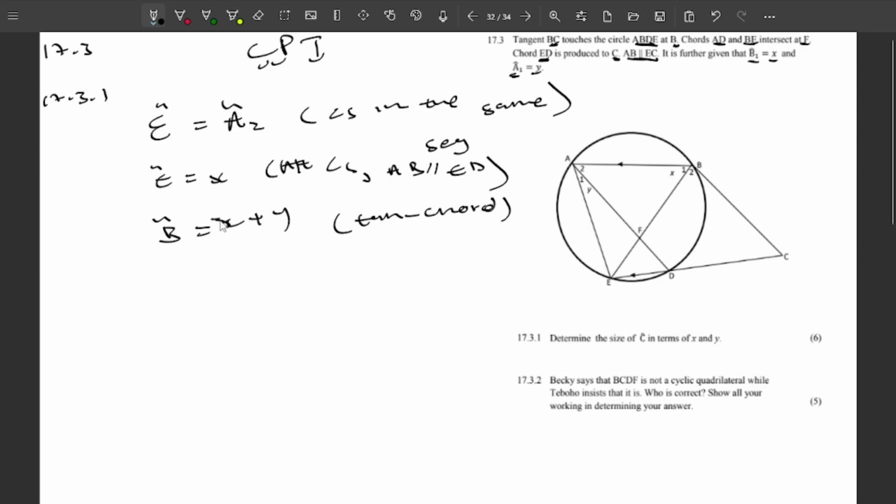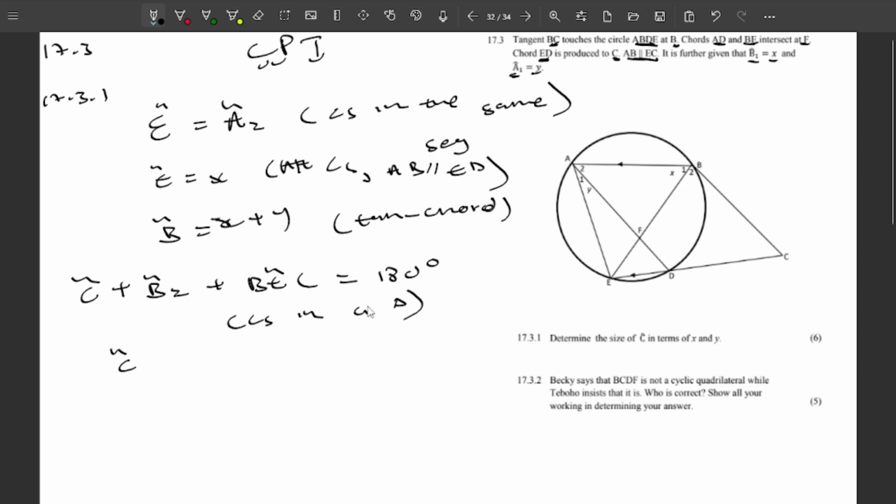Now, since we know that angle E is equal to x, we can do the sum of angles in a triangle and say angle C plus angle B2 plus angle E. We have to be specific about which E, because you can't just say angle E. So we use the acronym BEC, which is equal to 180 degrees, sum of angles in a triangle.